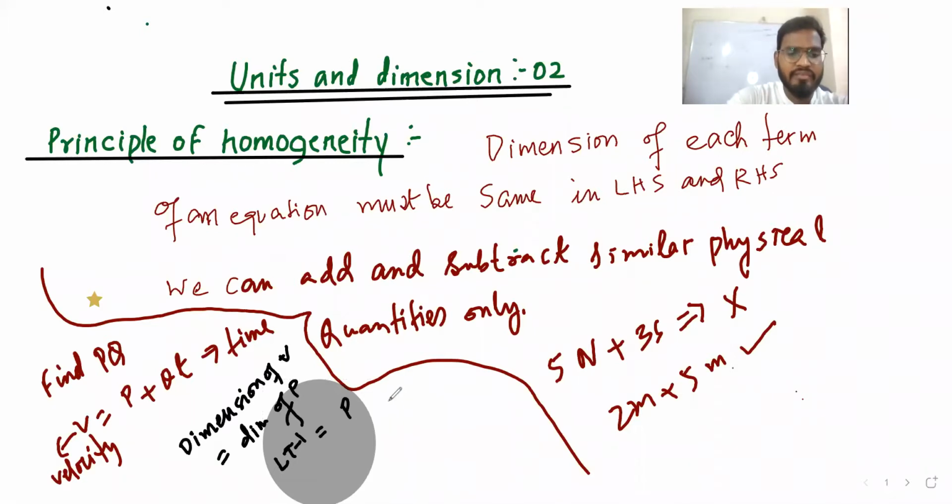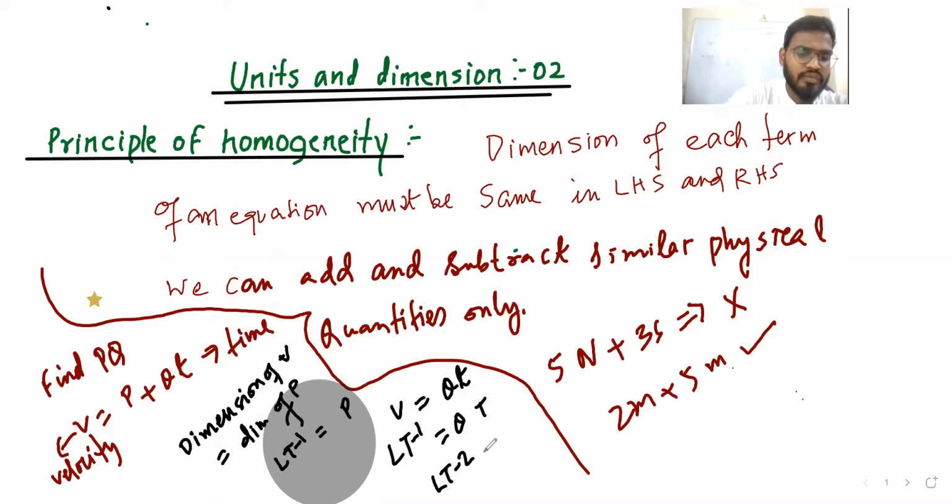Now second, the dimension of V should be equal to QT. We want to find the value of Q. So LT minus 1 is equal to Q, and the dimension of time is T, so that will come to this side. So LT minus 2 is equal to Q. Again we got the answer.